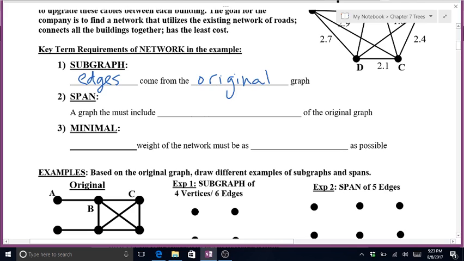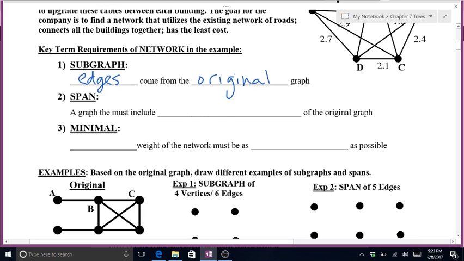They all have to come from the original picture. Your second term here is a span. This must include all vertices. So if there are 5 dots in the original graph, there have to be 5 dots in a span. If there are 8 dots in the original graph, there have to be 8 dots in a span.